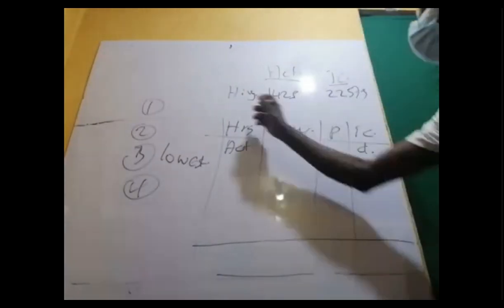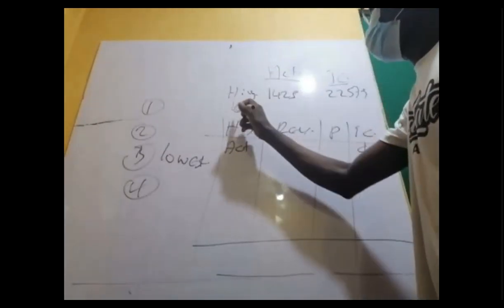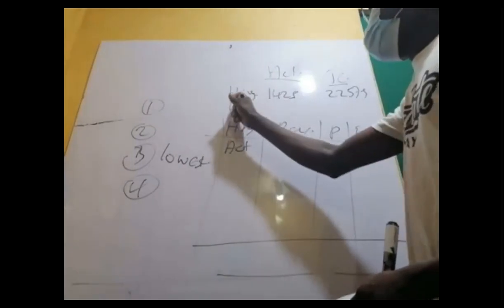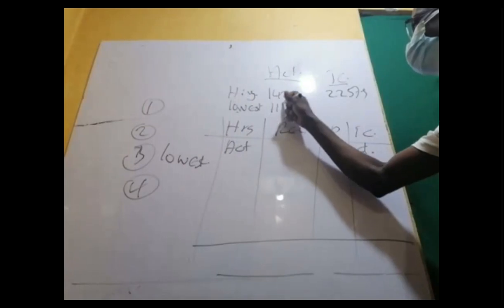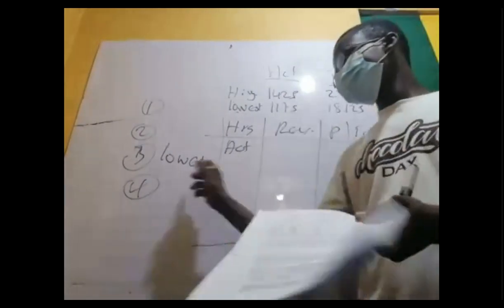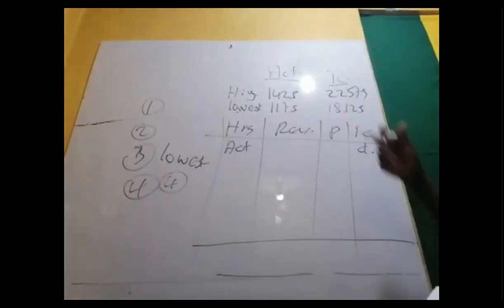The lowest activity level happens to be 1,175 hours, 18,125. Agreed. So that is the step.